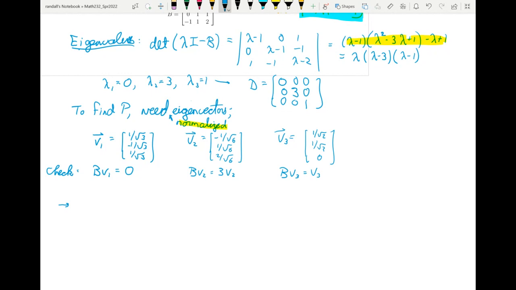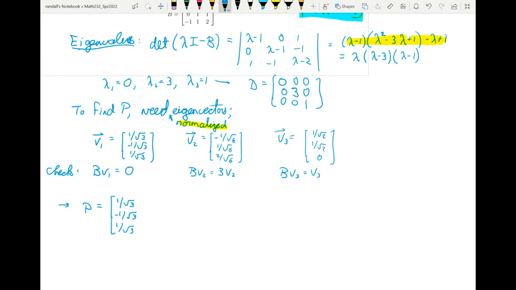If you just selected orthogonal vectors and formed a matrix P, it would not be an orthogonal matrix, right? You need orthonormal vectors to form an orthogonal matrix. So that's why we normalize them. And now I'm going to form my matrix P with these orthonormal vectors as columns. So there it is.